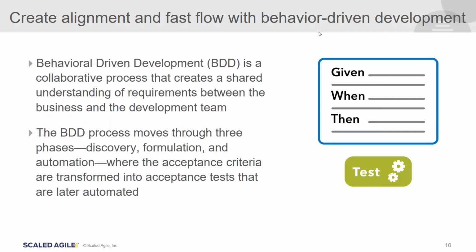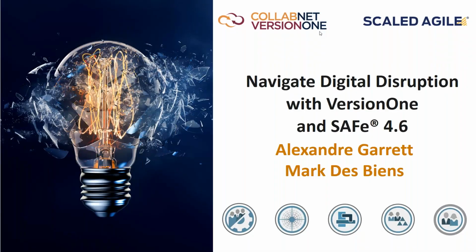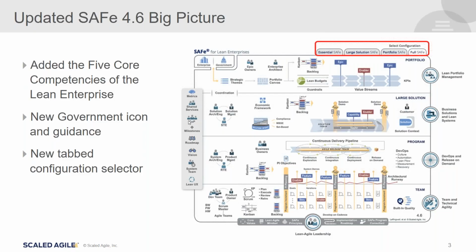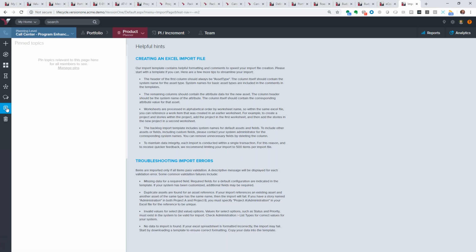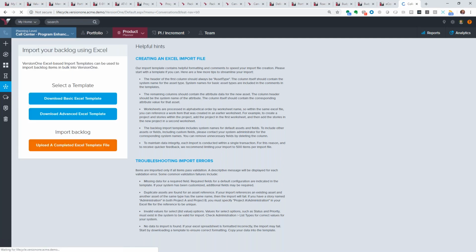I think it's very important for any implementation, and specifically around communities of practice here on the SAFe map itself. Inside of VersionOne, we do have communities, and you can track and manage those. If we go over here under topics, you can create your own topics in your own communities, and within there you can track and manage them under collaboration.